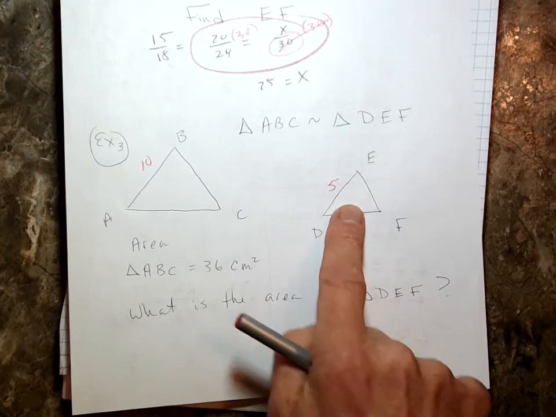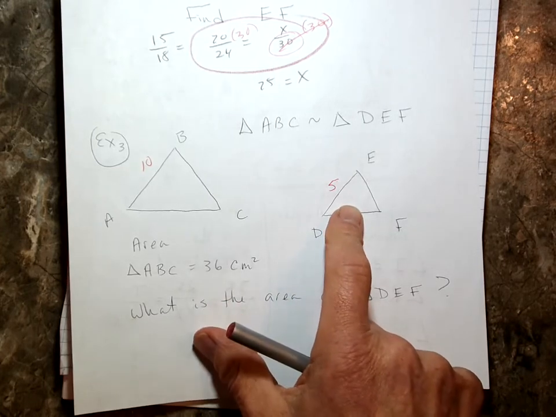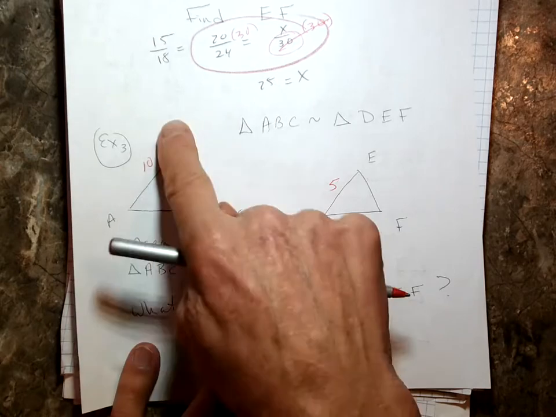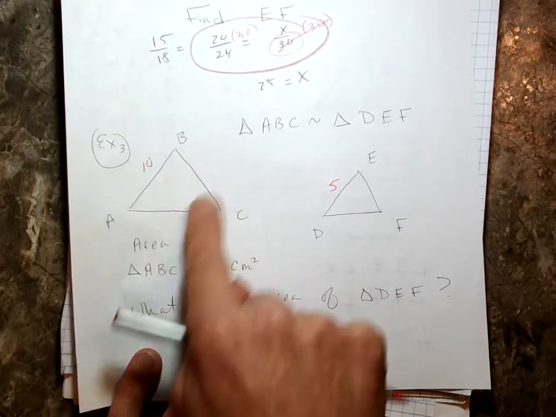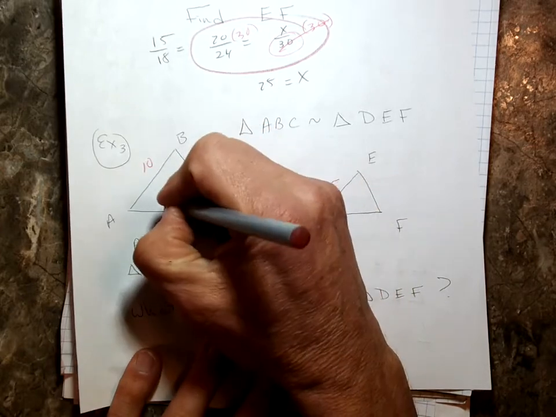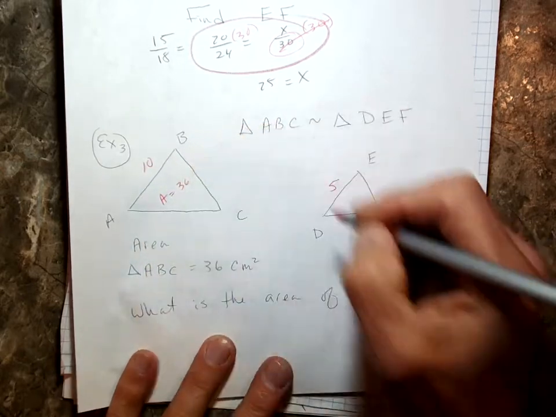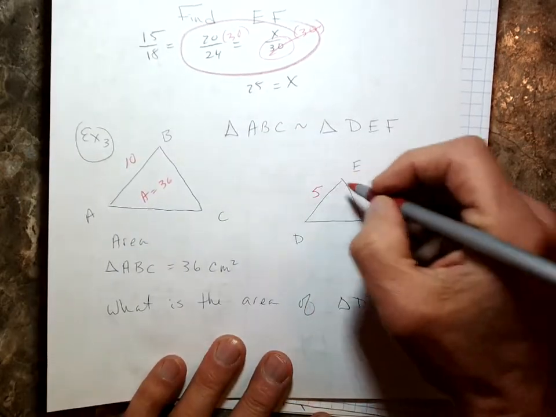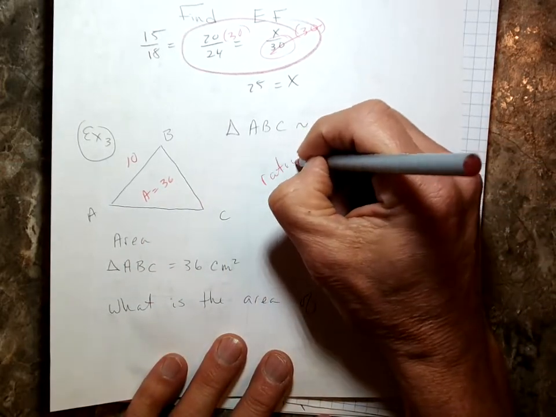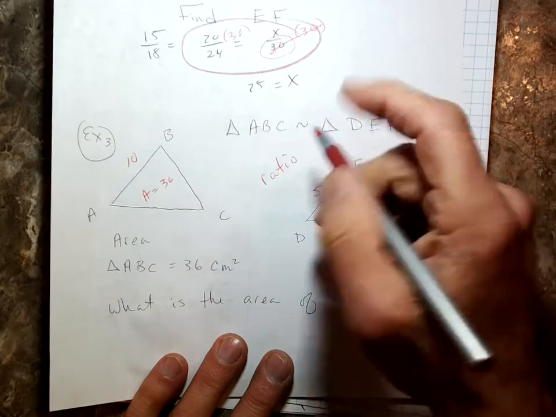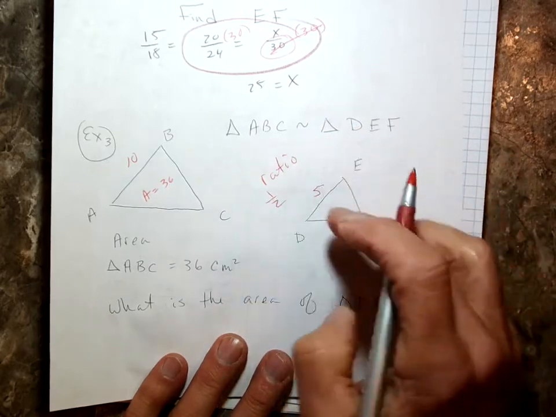So we know the area of triangle ABC is 36. Does that mean the area of this one would be, looks like the ratio is half, right? It goes from 10 to 5.